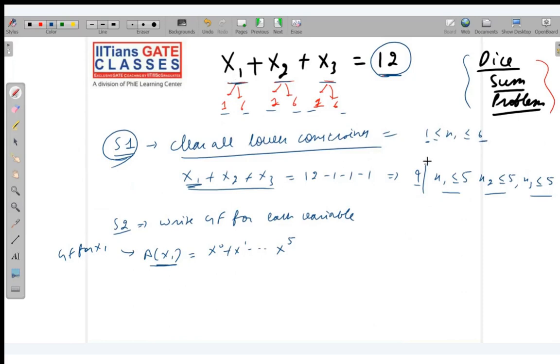So I have simply subtracted 1 from both places. If I subtract 1 here and 1 here, what do I get? 0 to 5. So x1 can be at most 5, x2 can be at most 5, x3 can be at most 5.